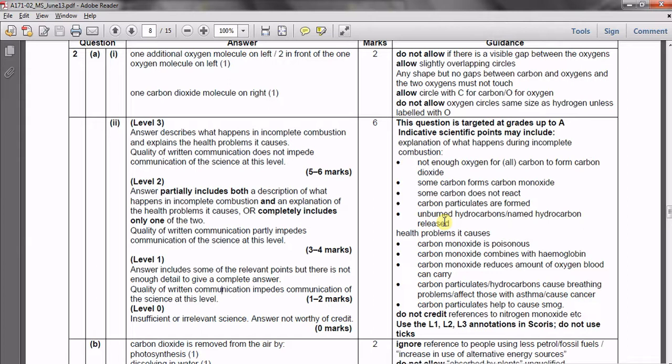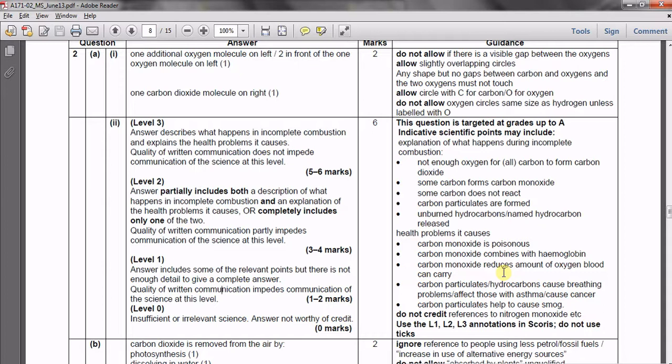To get the full marks here, so 5 or 6 marks, you need to describe in detail what happens in incomplete combustion. So you've got quite a bit of detail, not necessarily all the bullet points here, but I would say a good 3 or 4 of these bullet points. And also comment on the health problems, and again with some detail.